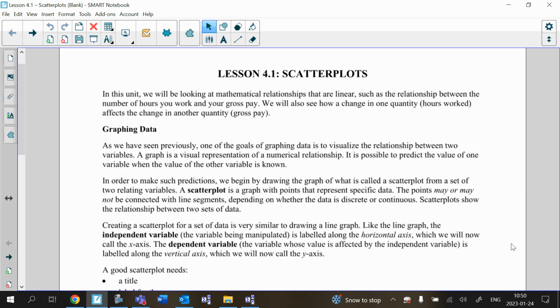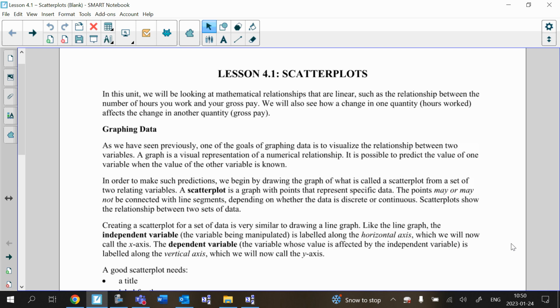A scatterplot is a graph with points that represent specific data. So you plot points, and then you can connect the points or not connect the points, depending on whether the data is continuous or discrete, which is another thing that we talked about in the second unit.